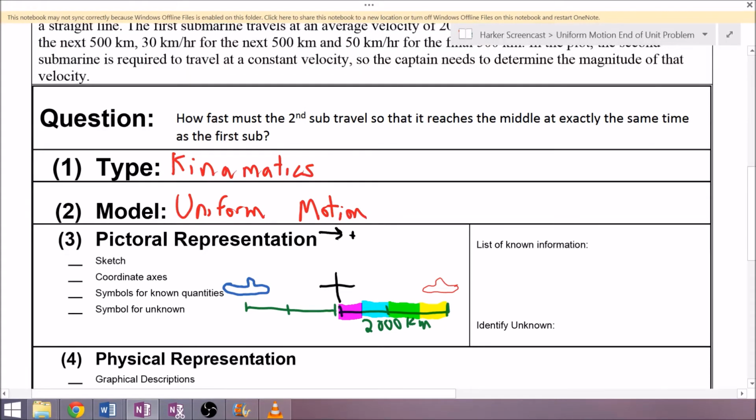The first sub's velocity at the start, so the sub 1 velocity is 20 kilometers per hour, and its second velocity is 40.